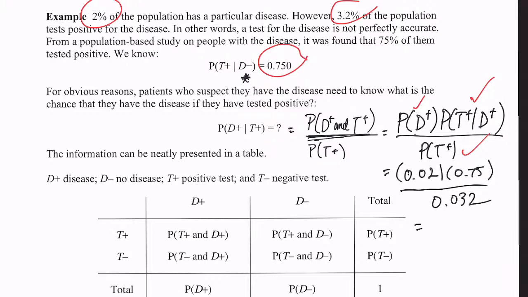And now we're going to find out the probability that if you have a positive test you actually have the disease, and it's not 100%. It's like 50-50. It's a 47% chance. So that's not so great, is it? It's not a great test.